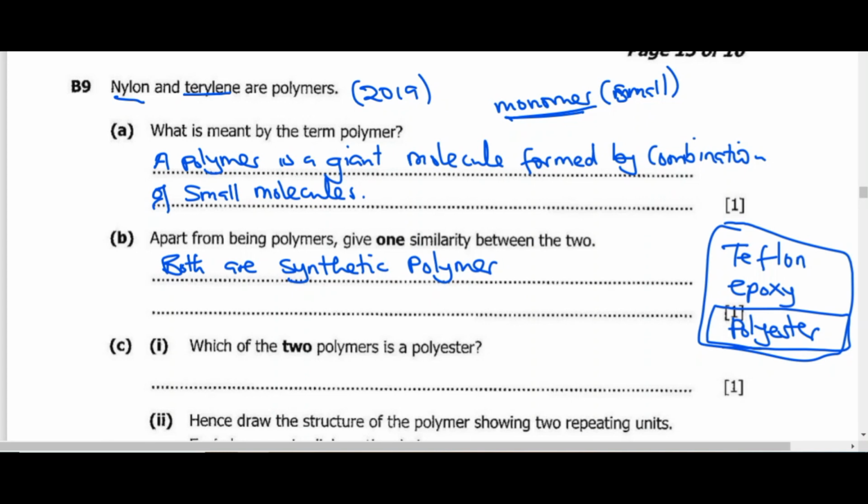So we have to understand what a polyester is. So a polyester is that polymer that contains ester functional group in every repeated unit of their main chain. So that is it. Now when you look at the two, there is a repeated unit.